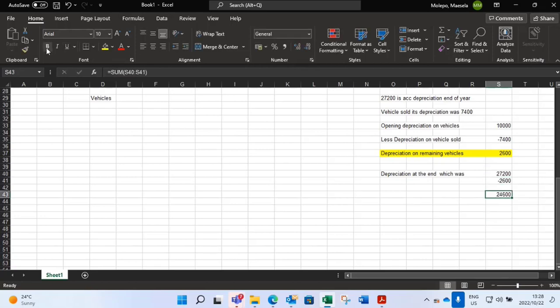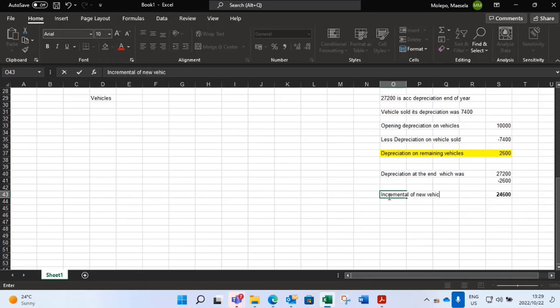And the 2.4 represent the incremental of new vehicle.